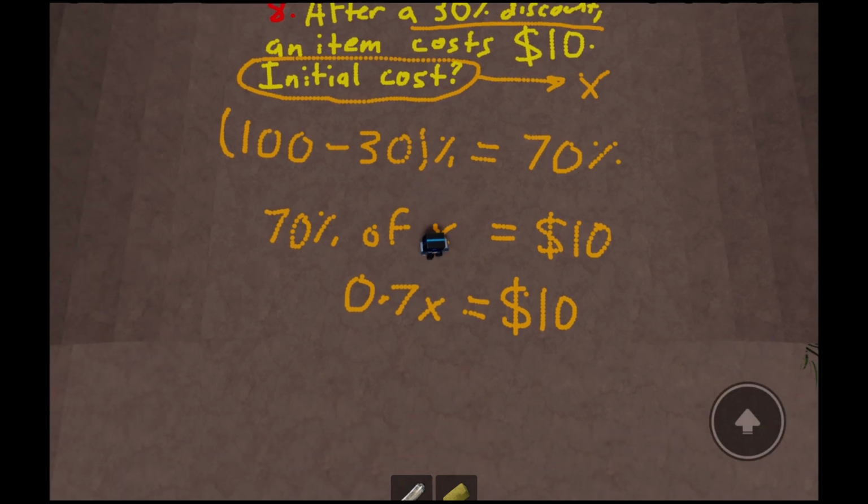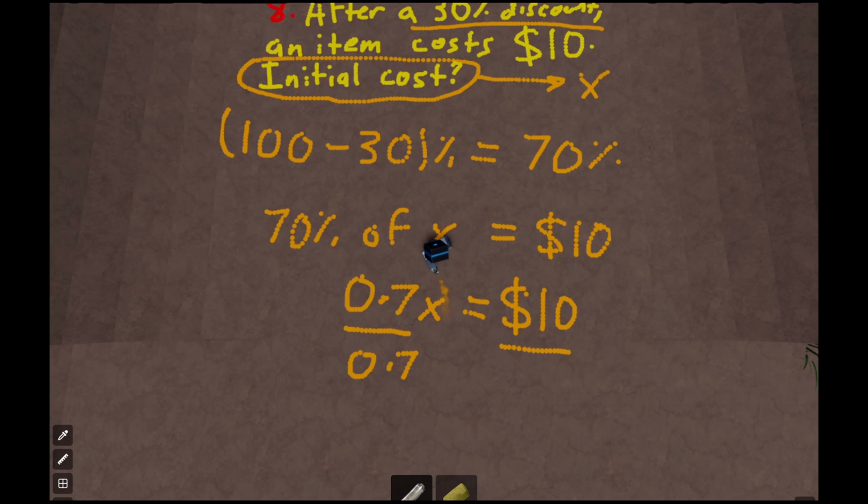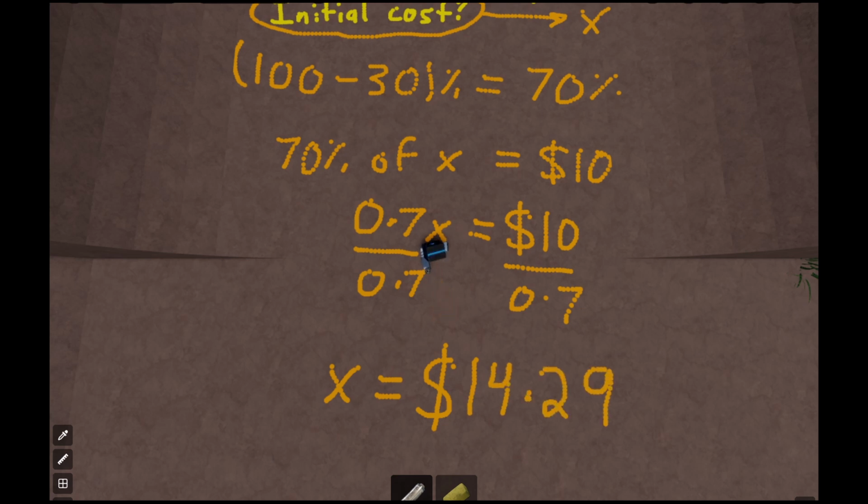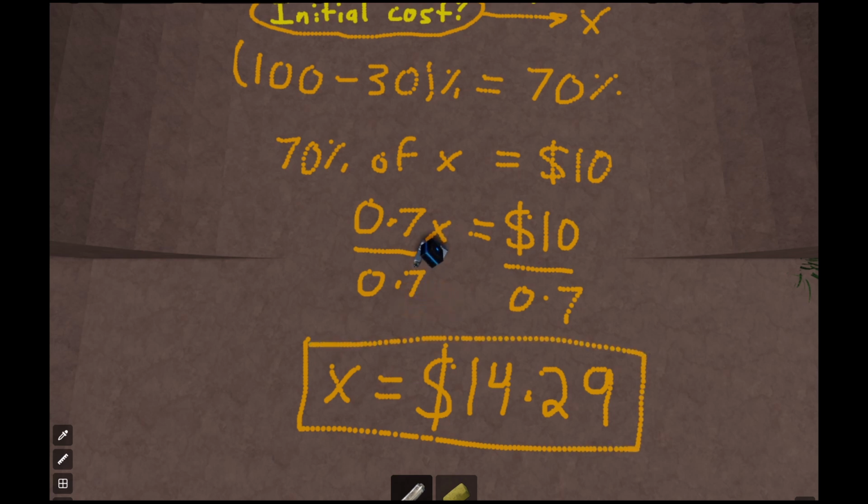And then finally, to solve for X, just divide both sides by 0.7. And if you do that, you'll get X, which is the initial cost of the item before the discount, is equal to $14.29. Let's go to the next problem.